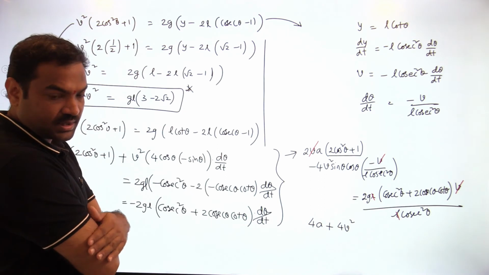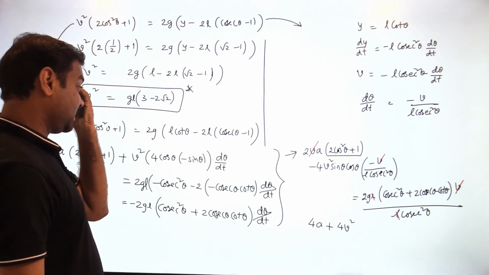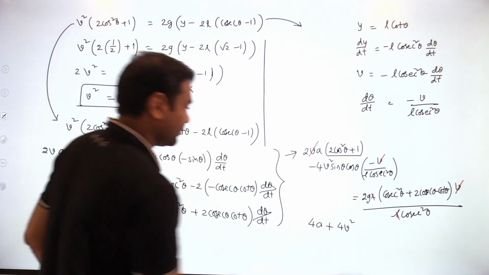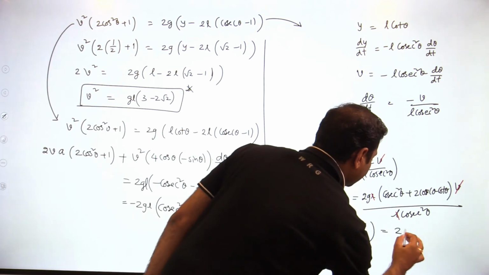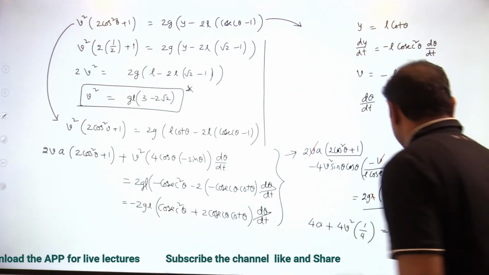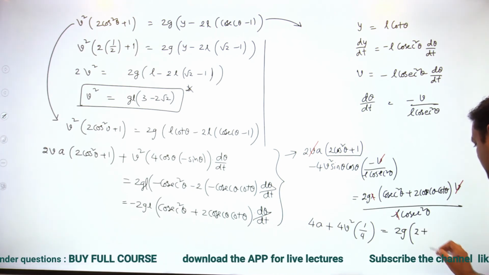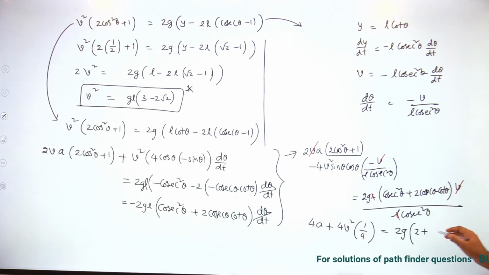Then it is how much? 1 by 4 is equal to 2g into, because in terms of g only is required, cosecant square theta is nothing but 2 plus cosecant theta into cot theta, 1, 2 into cosecant theta, 2 root 2.